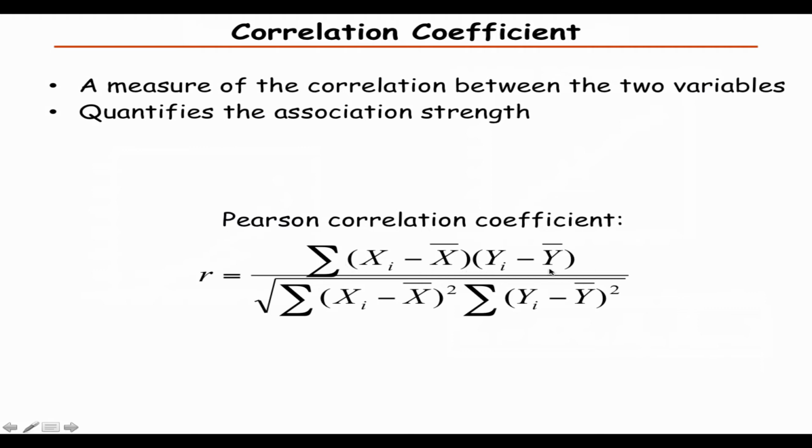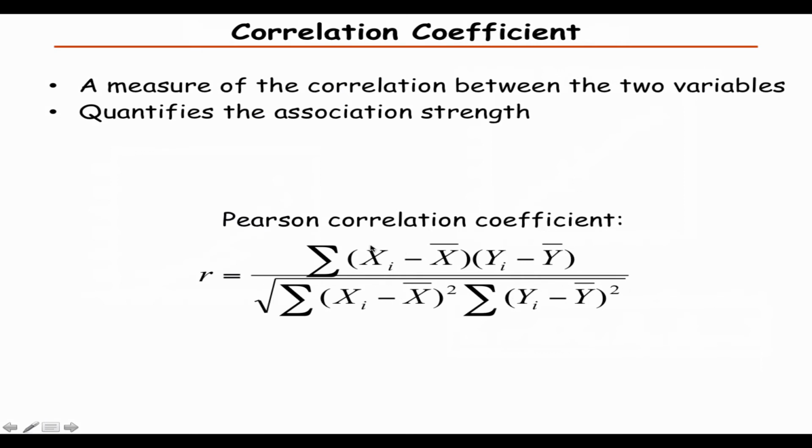What we do here is that this is the average value for y, and so we take each measurement and subtract the average, and then for the x we do the same. We take the x value and subtract the average of all the x's. And then we divide by the squares of those sums.